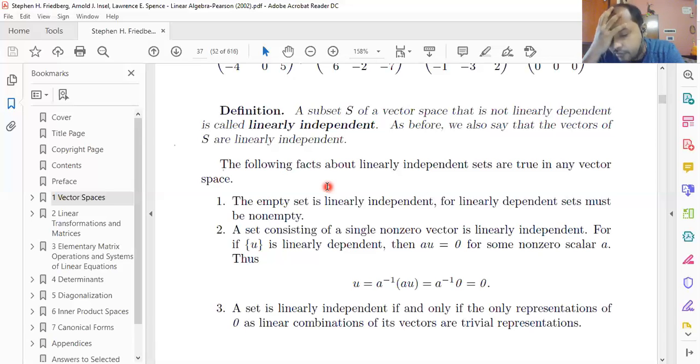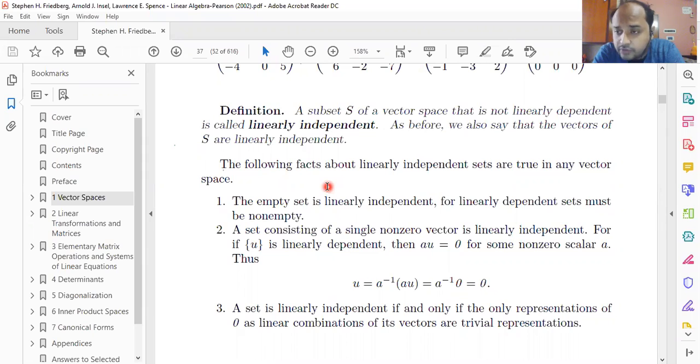If we say that this is not linearly independent, this is linearly dependent, then there must exist a scalar A which, when multiplied by the vector U, gives you the zero vector.